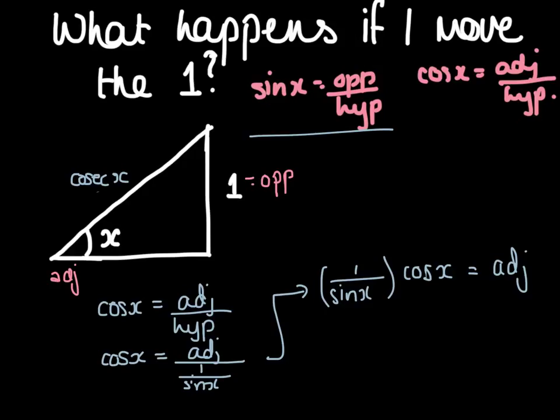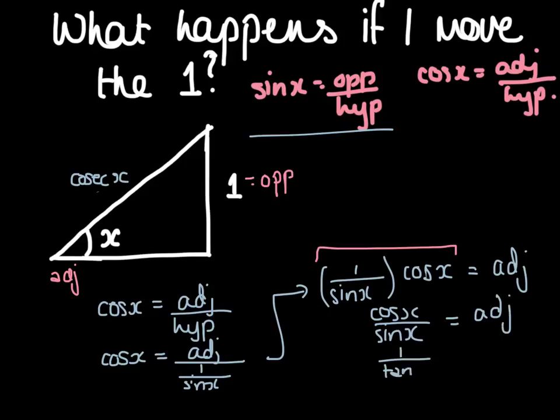I can simplify this multiplication here to be cos x over sine x, which looks like tan x upside down. Haha, helpful. Tan x upside down, that's 1 over tan x, and so the adjacent is cot x. So this adjacent now we can replace.